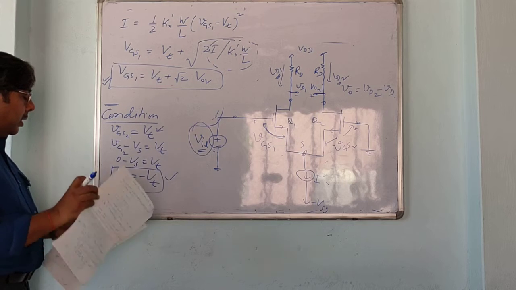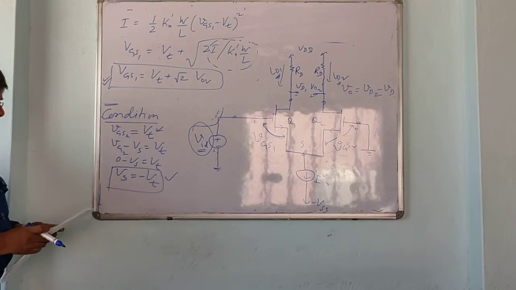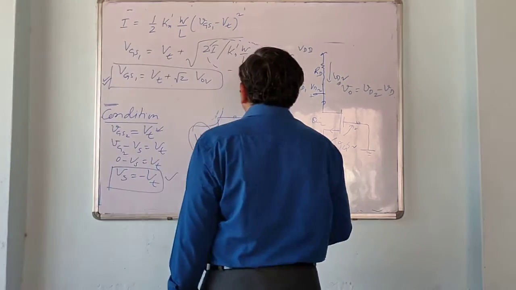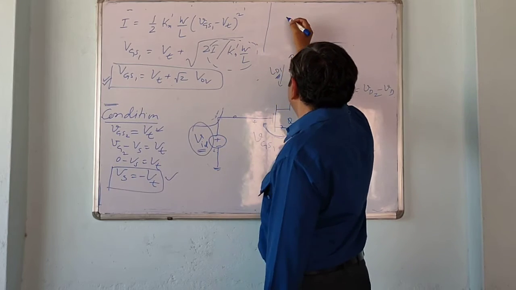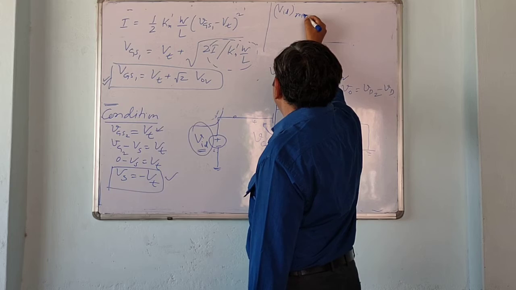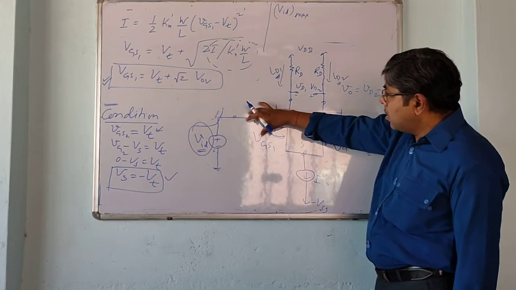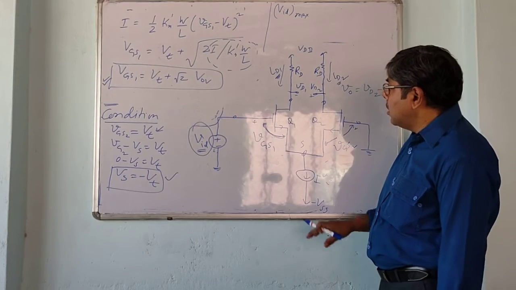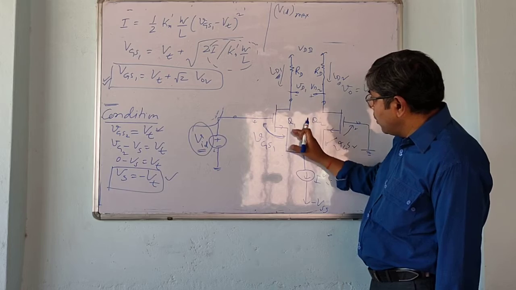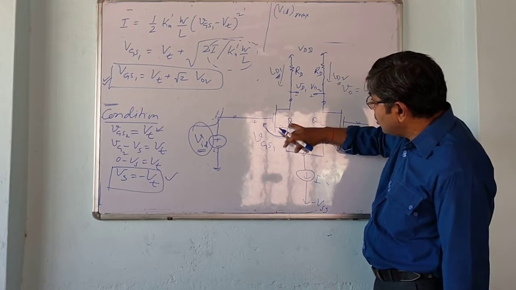And now we can see what is the maximum value of VID. So the maximum value of this VID, which steers the whole of the current through Q1. See, this current totally flows through Q1.